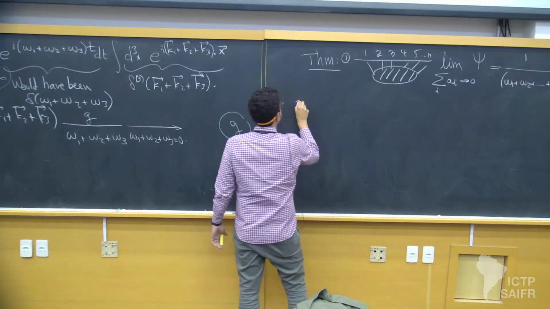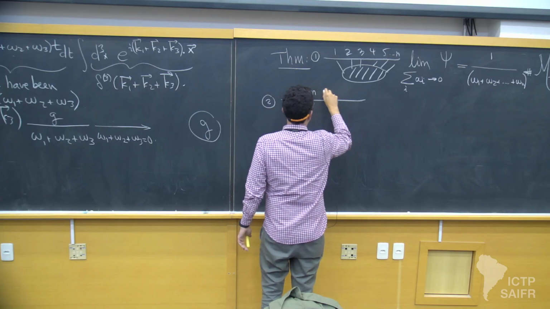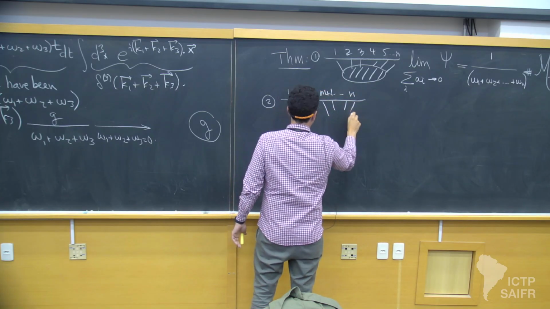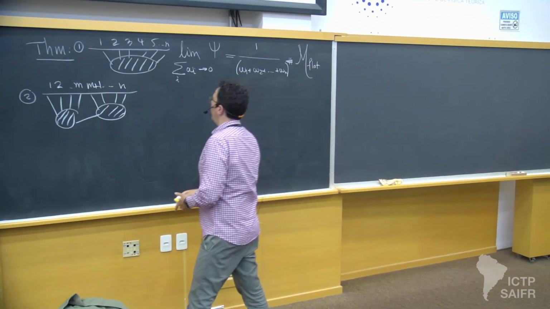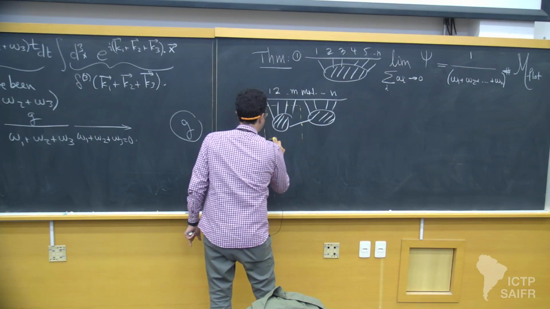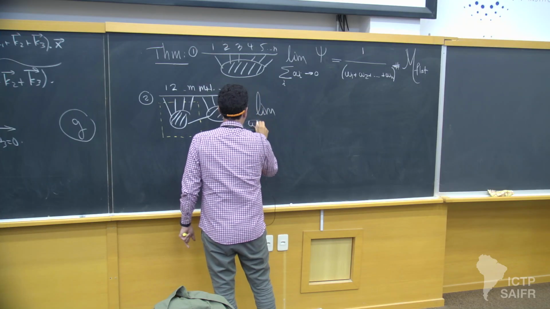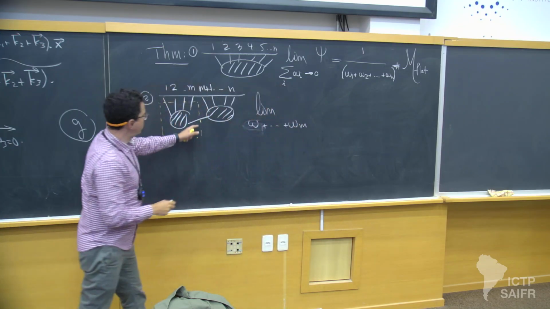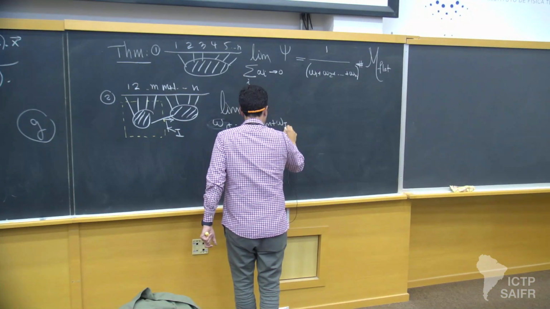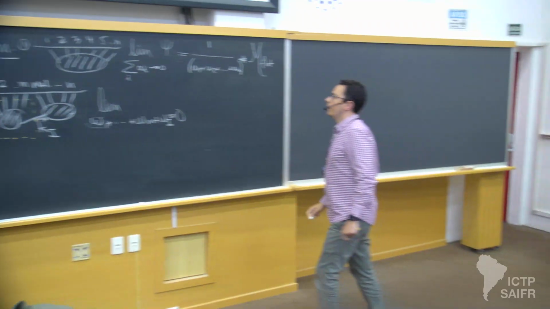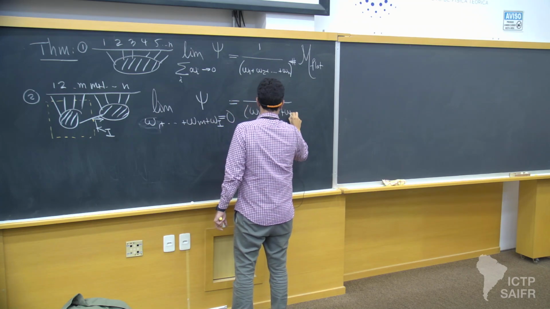So this is the first part. And the second part of the statement is that if I take 1, 2, m plus 1, n, if I take now the limit where I send the sum of these energies to 0, so the limit of the sum omega 1 plus ... plus omega m, let me call this exchanged particle to have k intermediate plus omega intermediate to 0, of psi, I get some blow up again, 1 over omega 1 plus and so on plus omega intermediate.